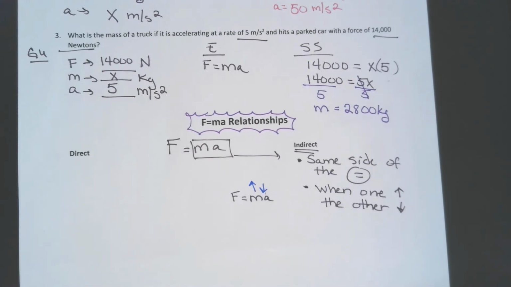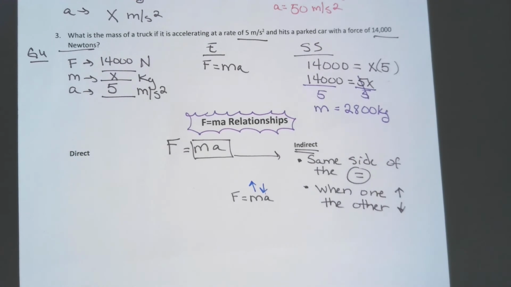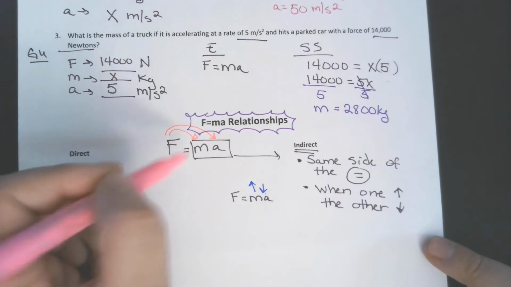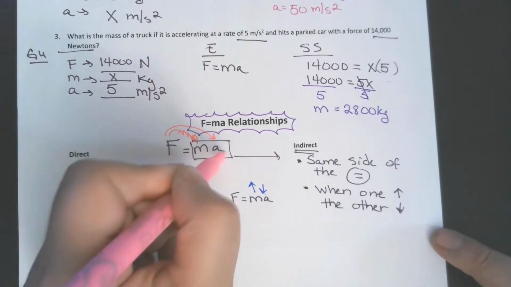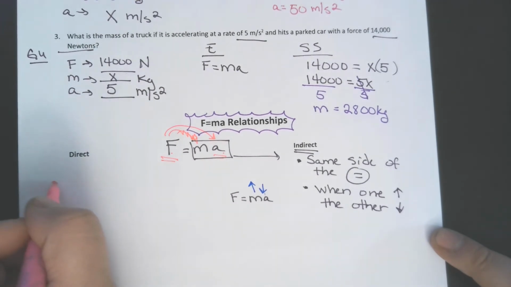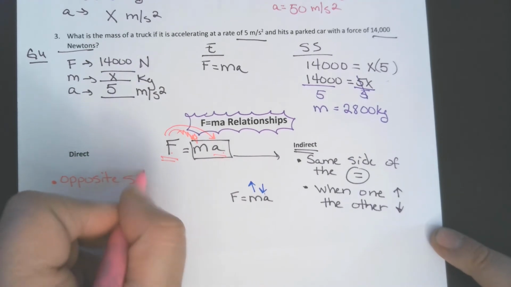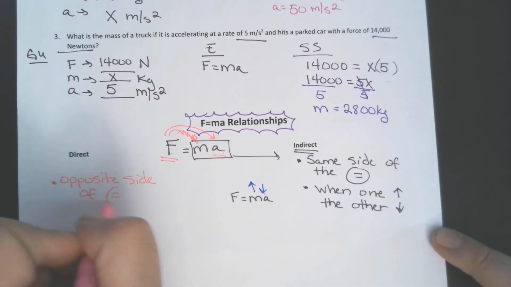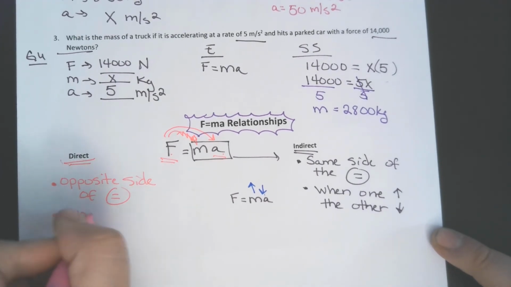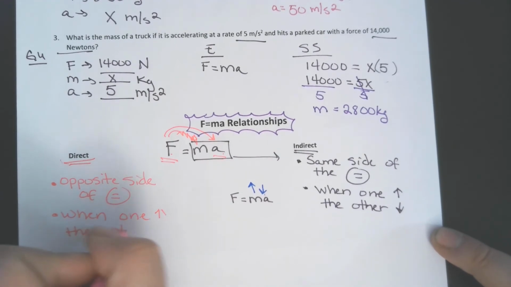However, if variables are on opposite sides of the equal sign, like force and acceleration, which is our next focus, they are directly related, which means that when one increases, the other one will also increase.